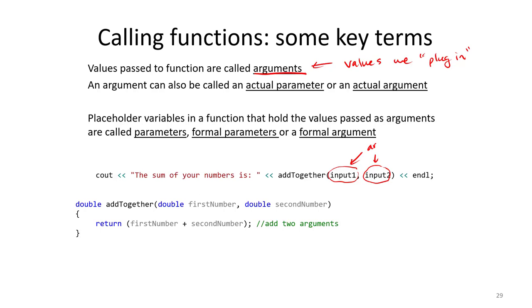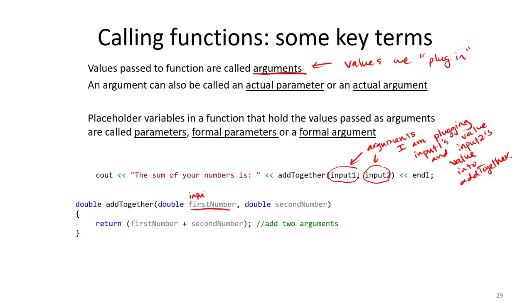So in this case, input 1 and input 2 are my arguments because I am plugging input 1's value and input 2's value into add together. The value stored in input 1 is going to be put in for first number, and the value stored in input 2 goes to second number.